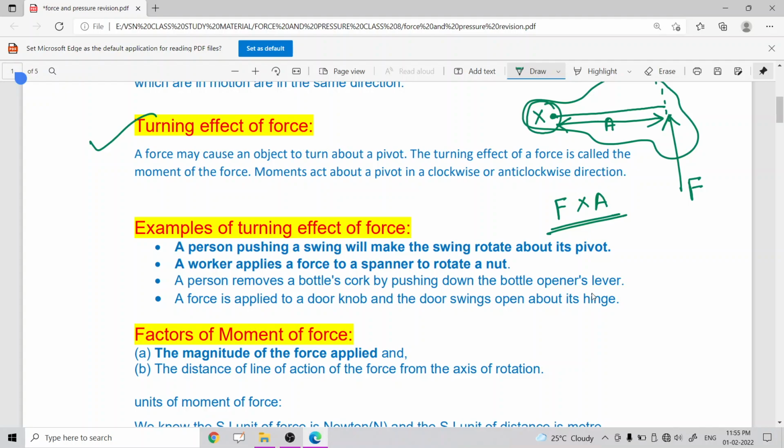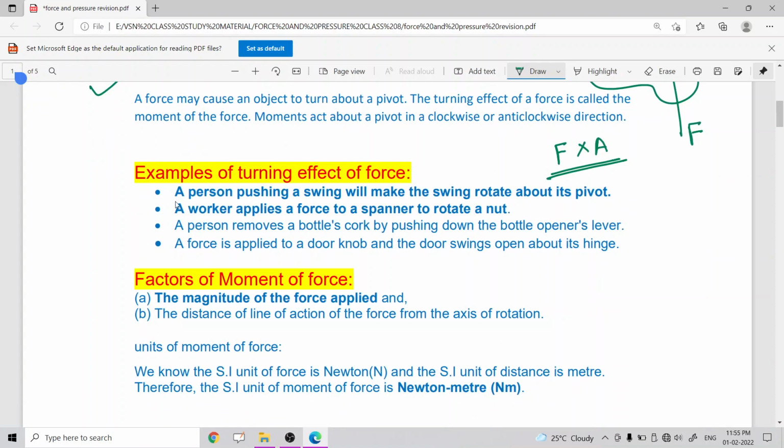Now, what are the examples of turning effect of force? In our daily life we can see different types of examples that have a turning effect. First, a person pushing a swing makes the swing rotate about its pivot.